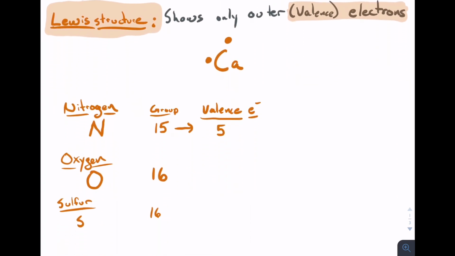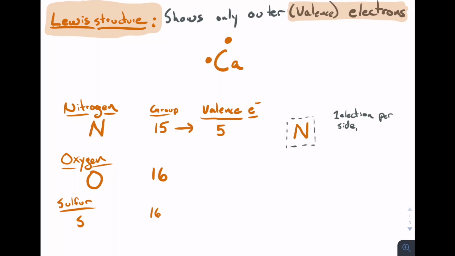To start drawing the Lewis structure for it, we draw the chemical symbol N. Then we imagine that there's a little square box around the symbol. You don't draw this in the future; it's just a way to help you think about it. We're going to put 1 electron per side.